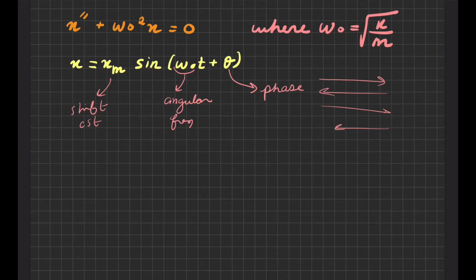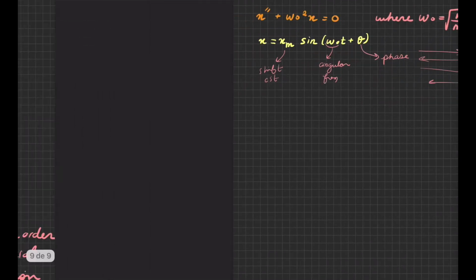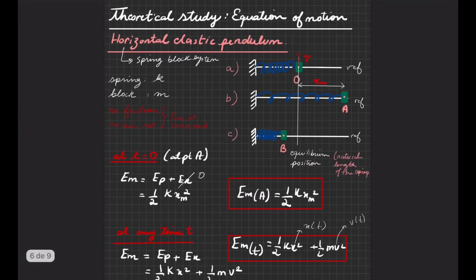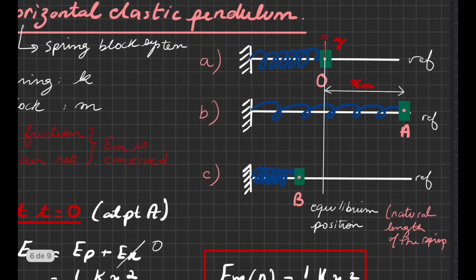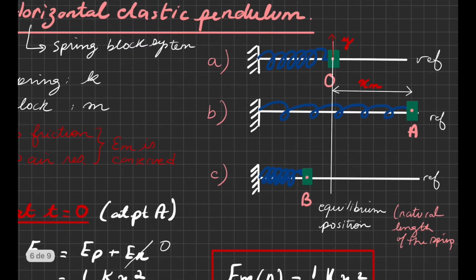resembles the sine function. I'm gonna go back to this here. So let me show you. When the object is at equilibrium, x equals 0.